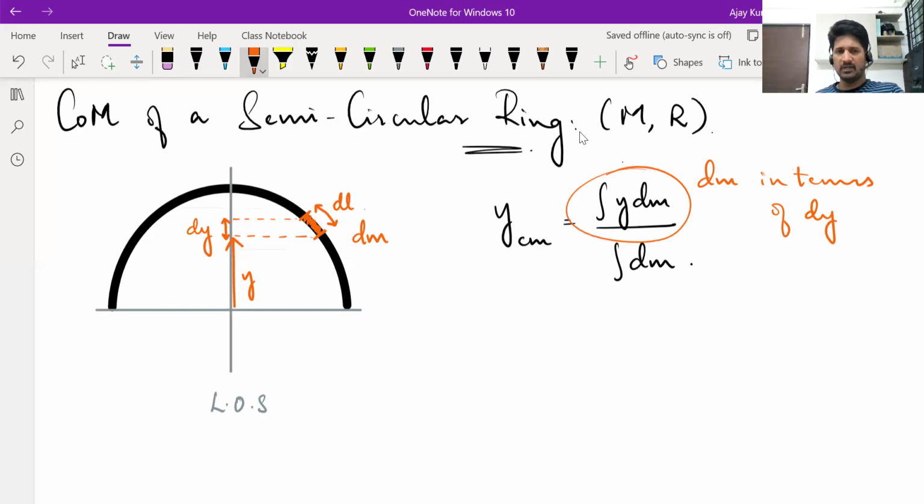Now you look at the diagram and tell me, or you use your own logic and tell me, is dy the same as dl? Just from visual inspection, do they appear to be the same? No, sir. They are not the same.